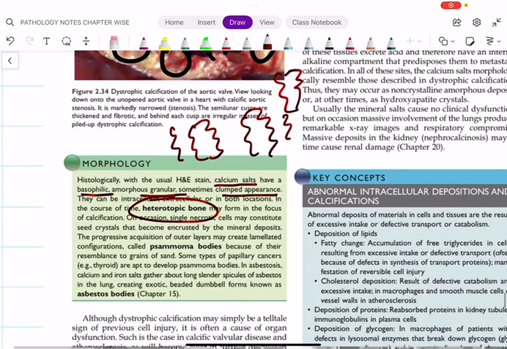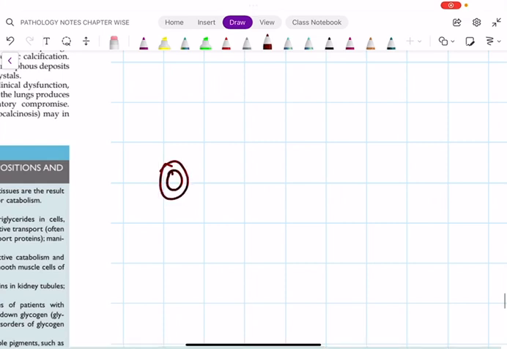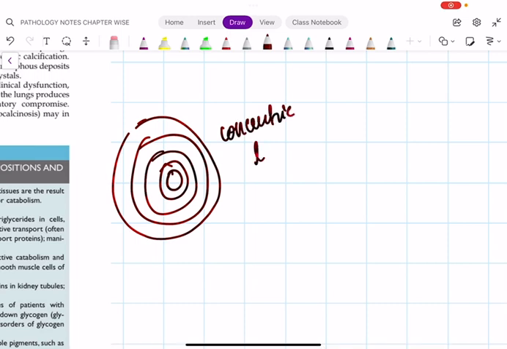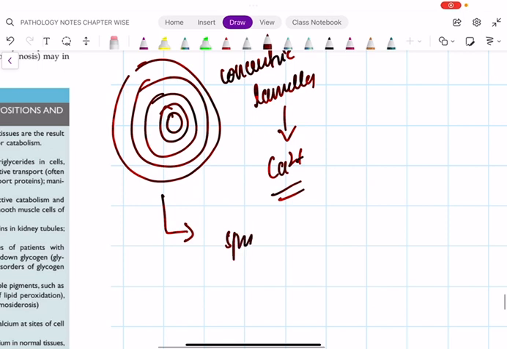Yes, here comes a very, very important question. This calcium will aggregate like this to form concentric lamellae. This is mainly made up of calcium, and it looks like a spring onion.